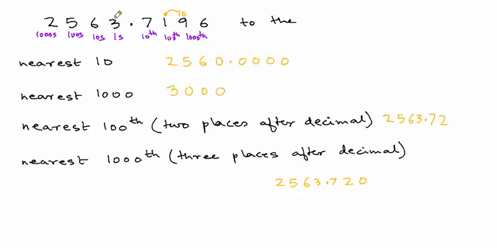If it's less than 5, you keep it the same. Everything to the left of it stays the same. Everything to the right of it changes to a 0. You don't necessarily write those zeros down if they're after the decimal point. And if the digit itself is a 9 that needs to be rounded up, that 9 changes to a 10, which we cannot fit into one single digit. Therefore, we change the 9 to a 0 and round the previous digit to its next higher digit. Hope that helps.